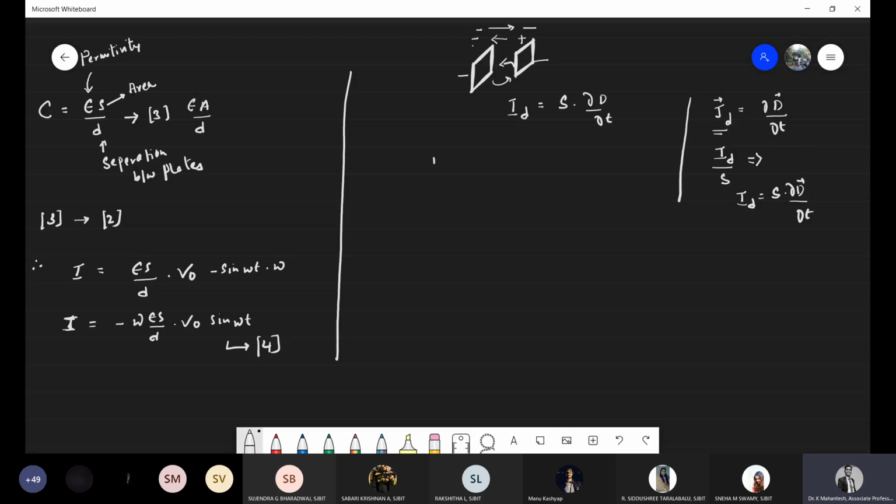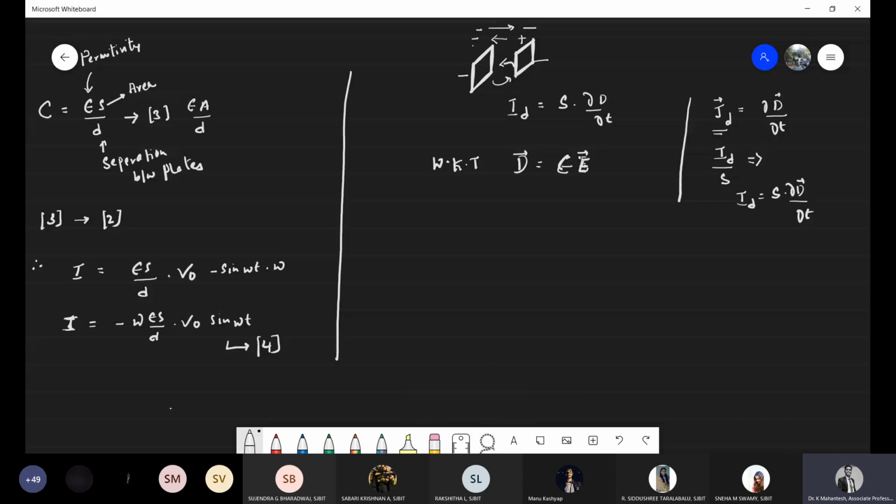But we know that D is equal to epsilon naught times E. Why epsilon naught? Let me keep it as epsilon, because I have not said air is the dielectric medium. It can be any dielectric medium.